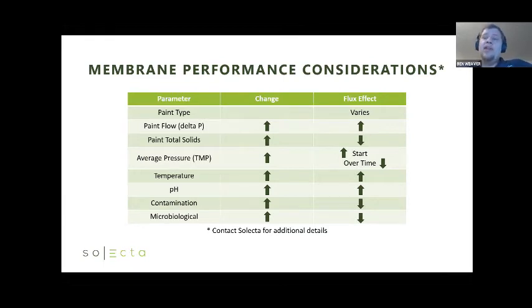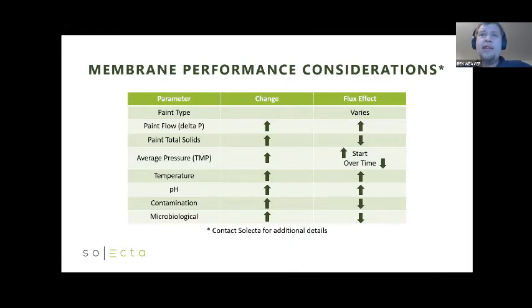So the flux effect is going to vary depending on what paint it is, and some of those are going to tie into the specifications of the paint. Some paints require slightly higher solids. For the epoxy paint, you're looking at 18 to 20% solids. Maybe for an acrylic paint, you'd be looking at 12 to 14% solids. So that's going to impact the performance of the UF depending on what the type is, and what the specifications of the paint are.